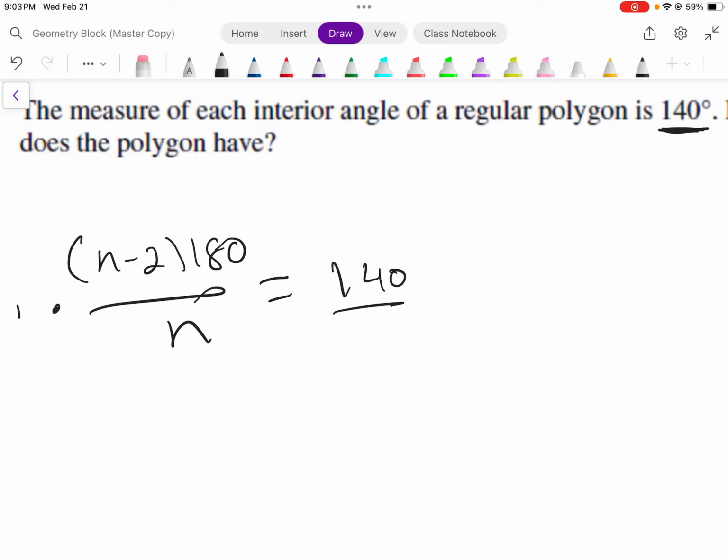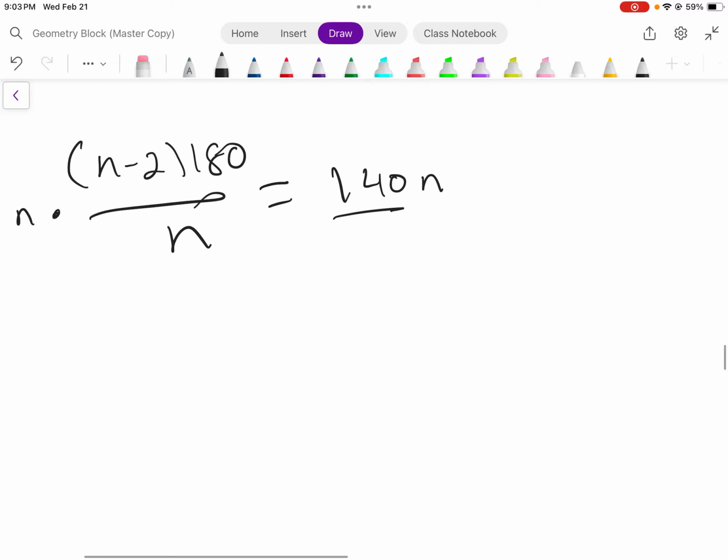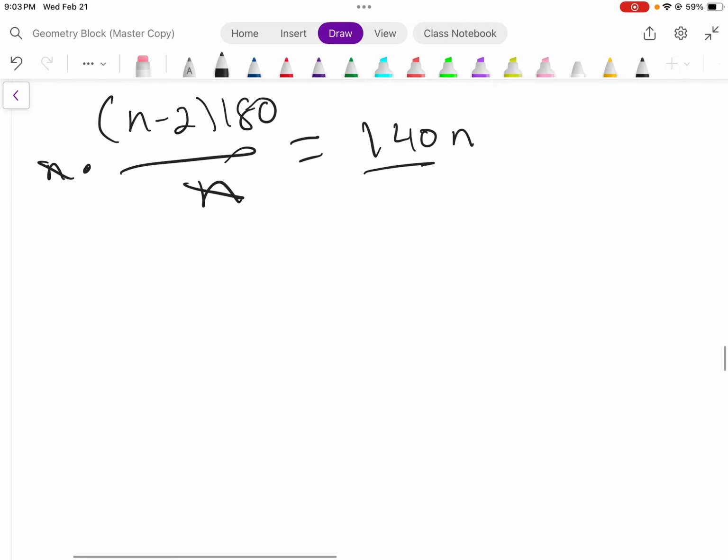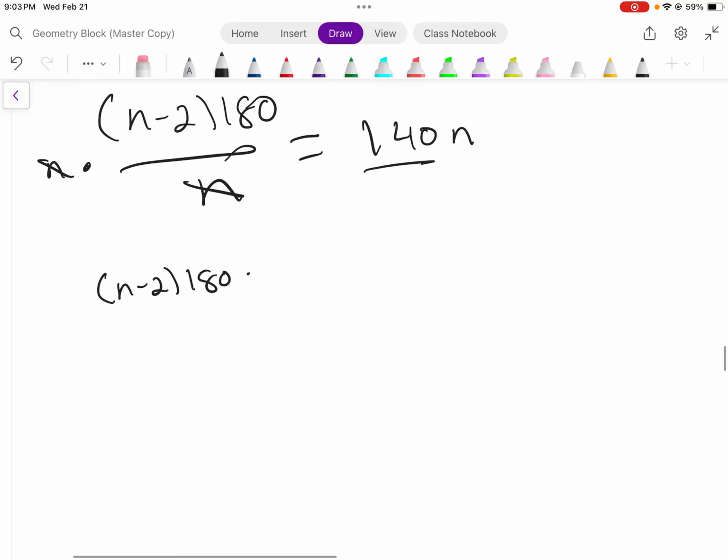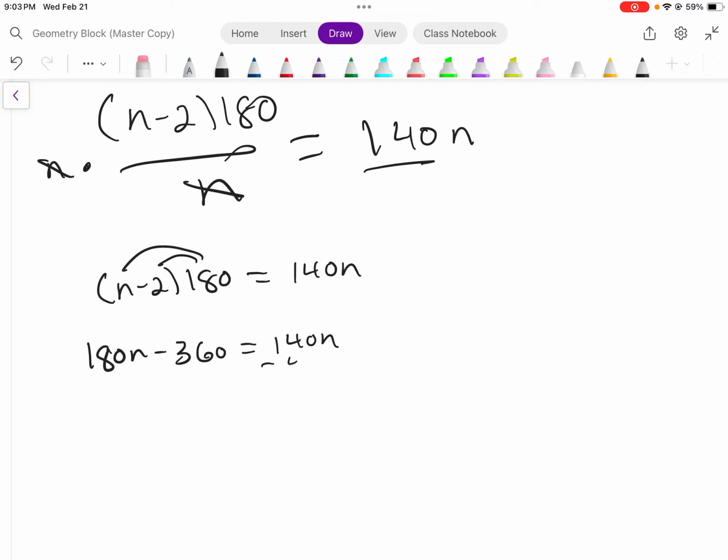Now, to solve this, we're going to multiply both sides by n, that way I can get rid of the n in the denominator. We're left with n minus 2 times 180 equals 140n. Distributing, 180n minus 360 equals 140n.